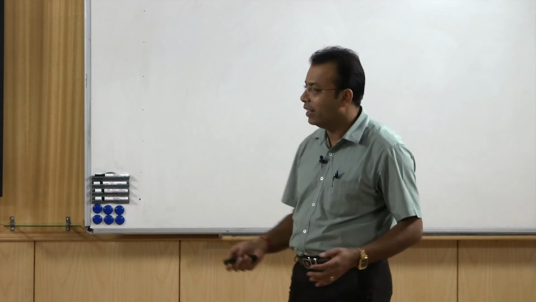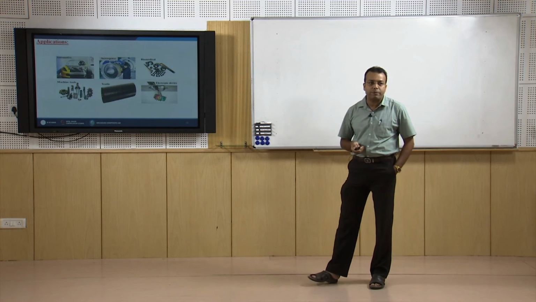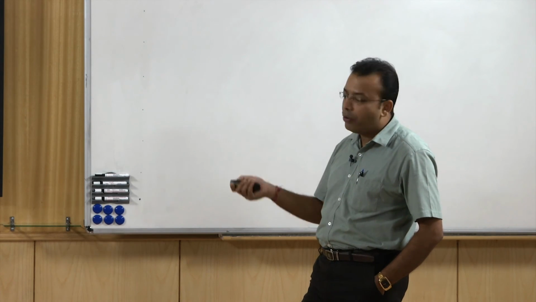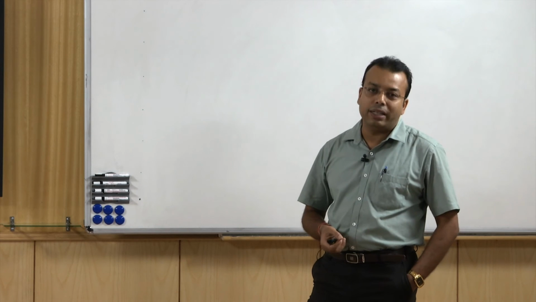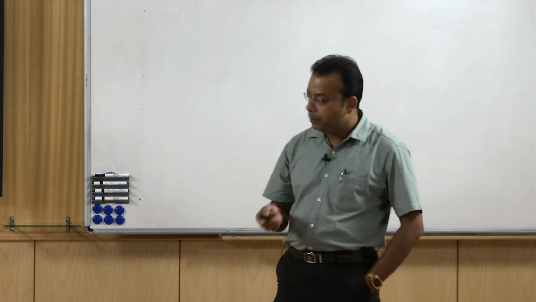First is automotive, then aerospace, biomedical, machine tools, textile industry, electronic devices. For example, nowadays we are making water resistant mobiles, so we can dip the mobile into water and the water will not interact with the material from which the mobile has been prepared.